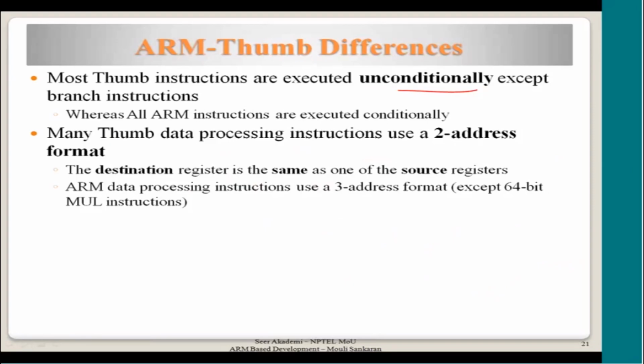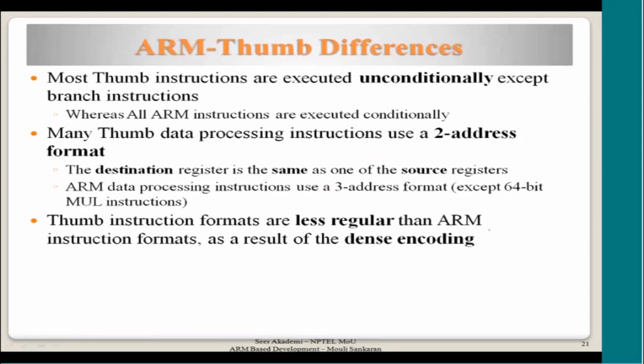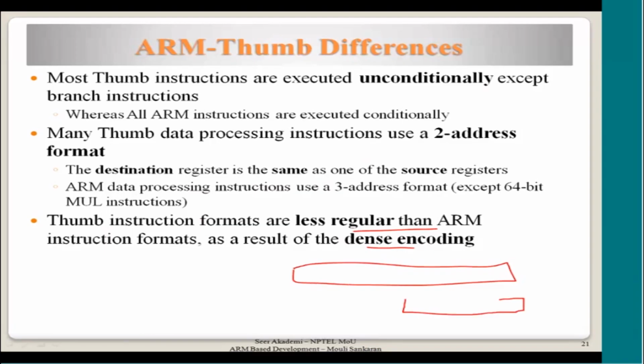The reason being, again, there is limited space for encoding the information. Compared to the ARM instruction format, the 16-bit thumb instruction format is not very regular. We are not going to look into how it is encoded, but in ARM there is a condition field here, a specific location reserved for RD, then RM and RN.